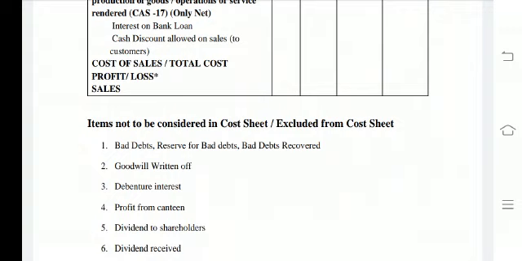The first one is bad debts and reserve for bad debts recovered. These are financial expenditures which should not be taken.